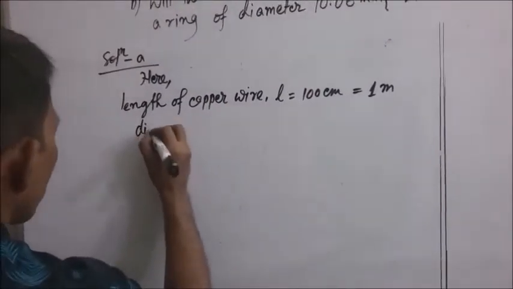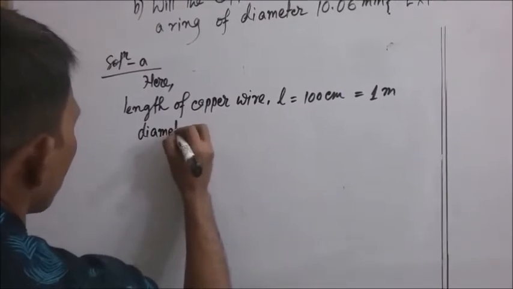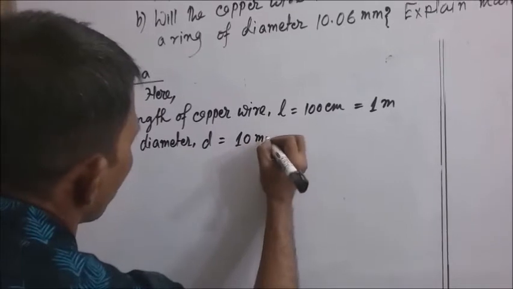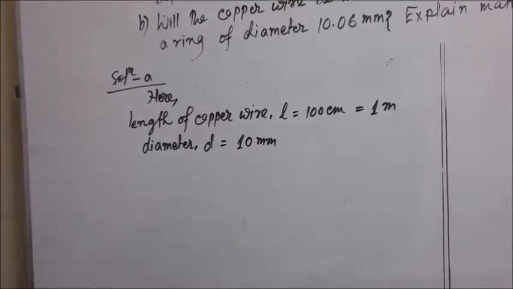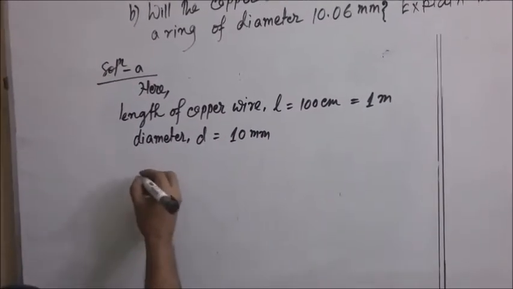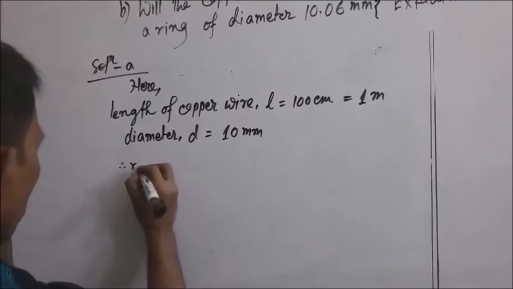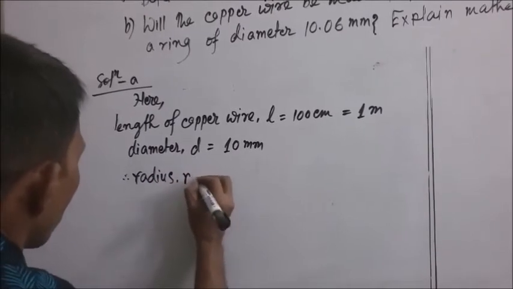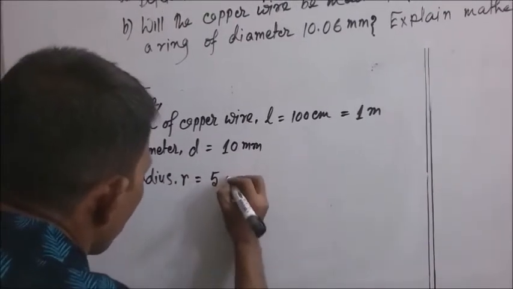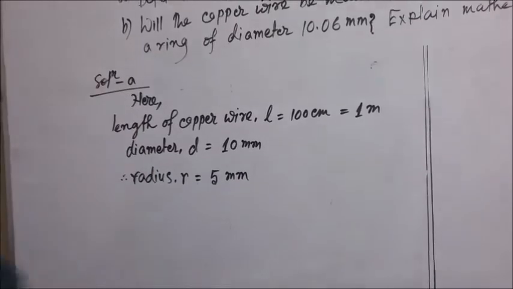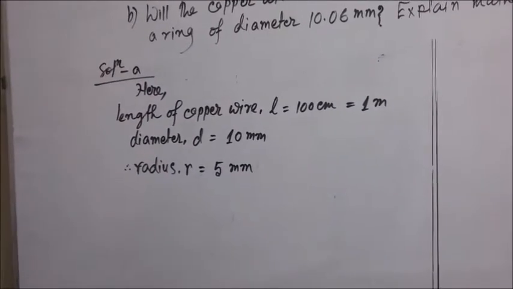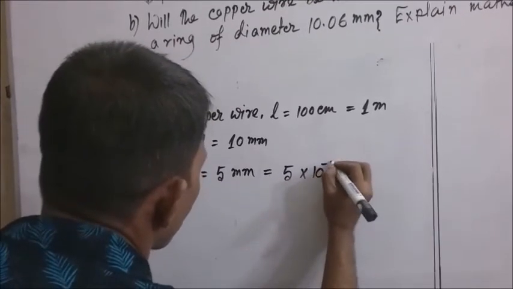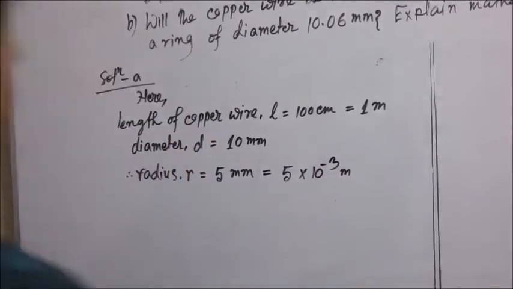Diameter D equal to 10 millimeter. The radius R equal to 5 millimeter equal to 5 into 10 to the power minus 3 meter.